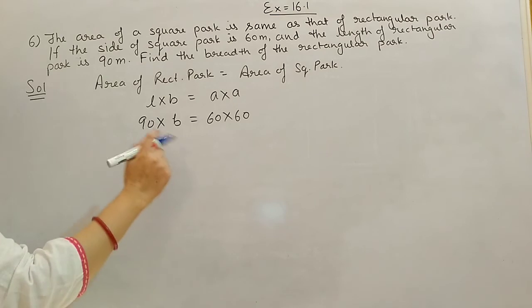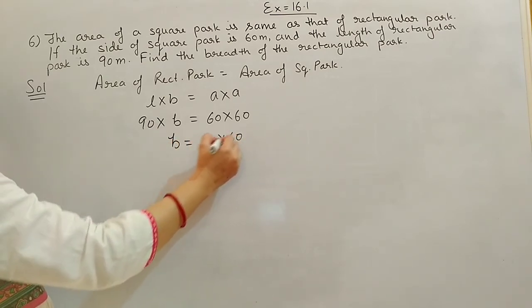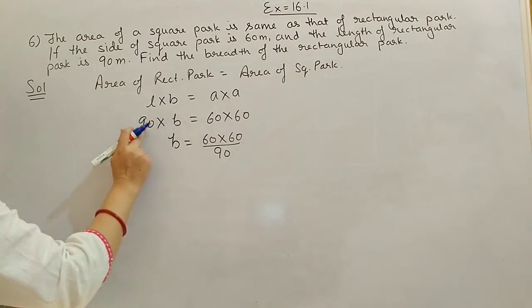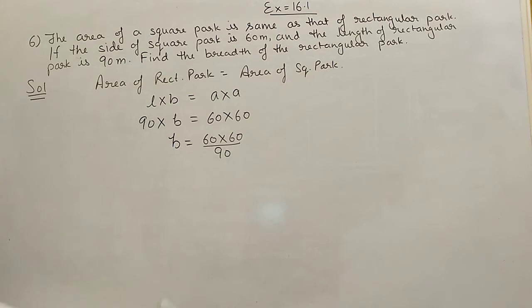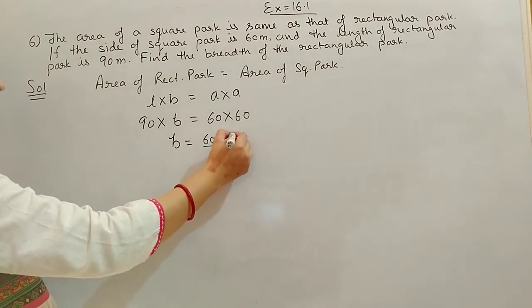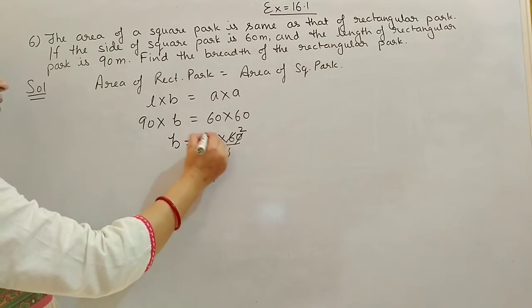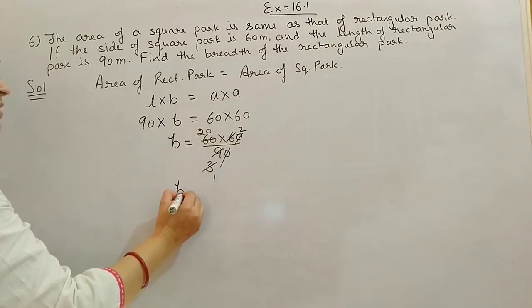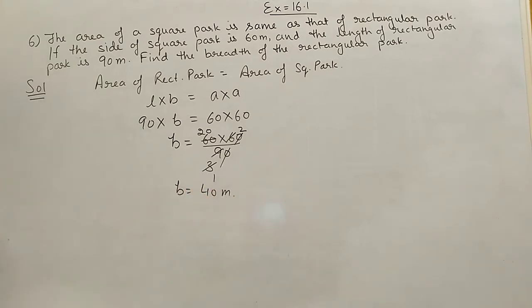Now this 90 we can shift to another side, so breadth is equal to 60 into 60 divided by 90. This 90 here in multiplication, when you shift to another side it will go for division. 0 you can cancel directly, 3 2s are 6 and 3 3s are 9, so breadth is equal to 20 into 2, 40 meter.